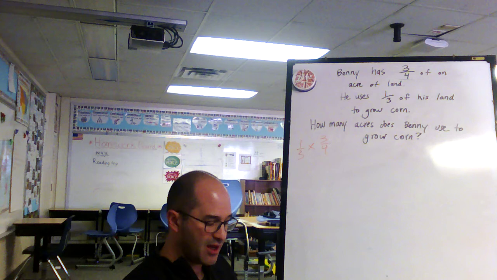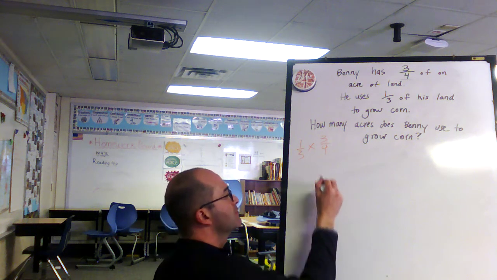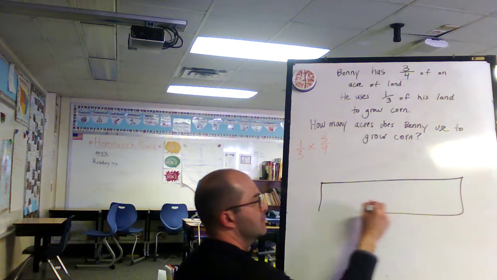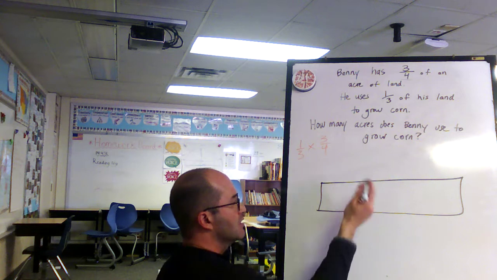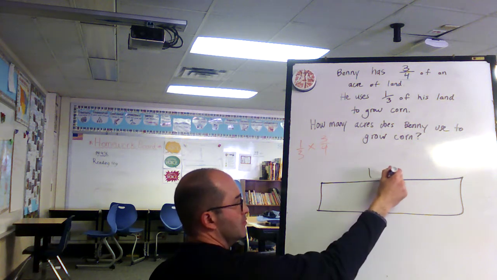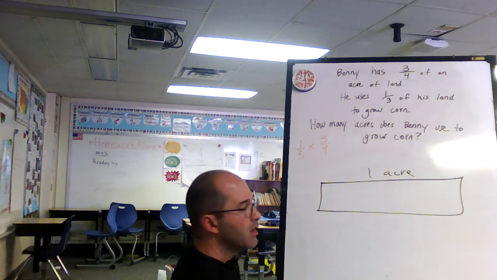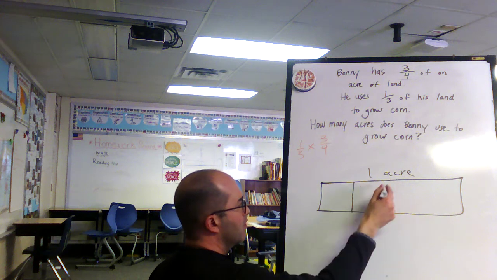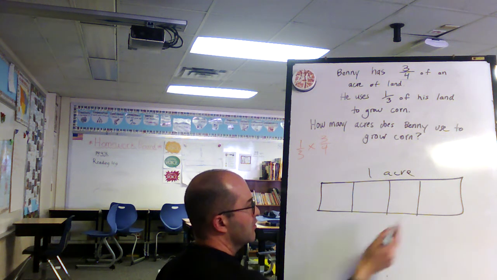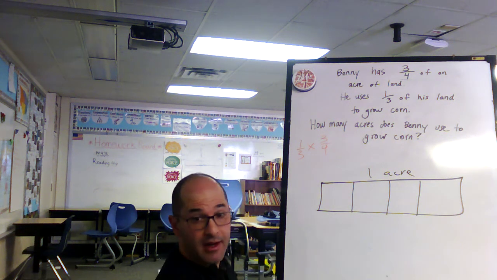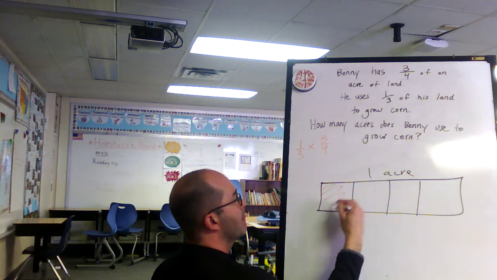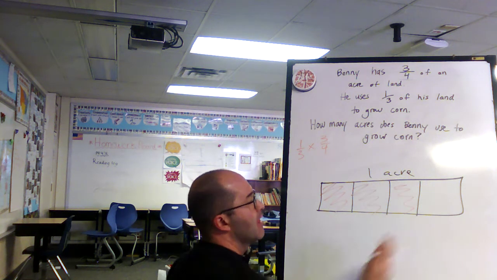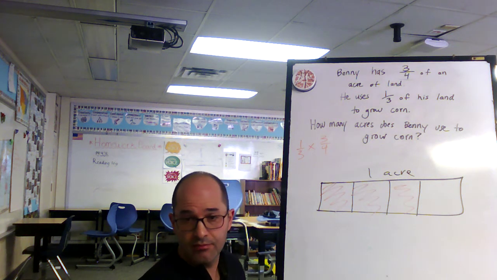We could also do this like a fraction bar. And that's one whole acre. Let's divide that into fourths. 1/4, 2/4, 3/4. We can shade that in orange. That is 3/4.